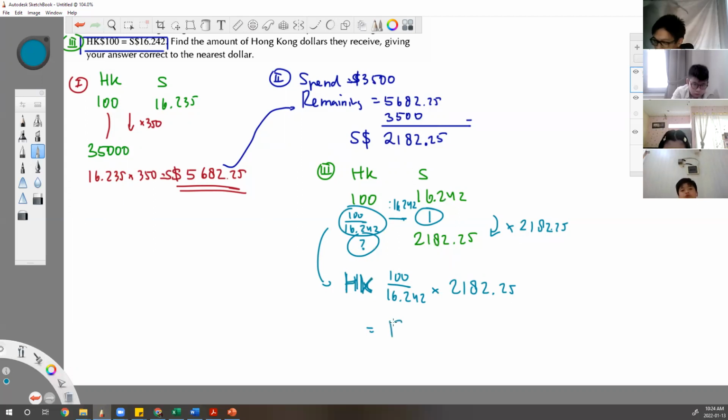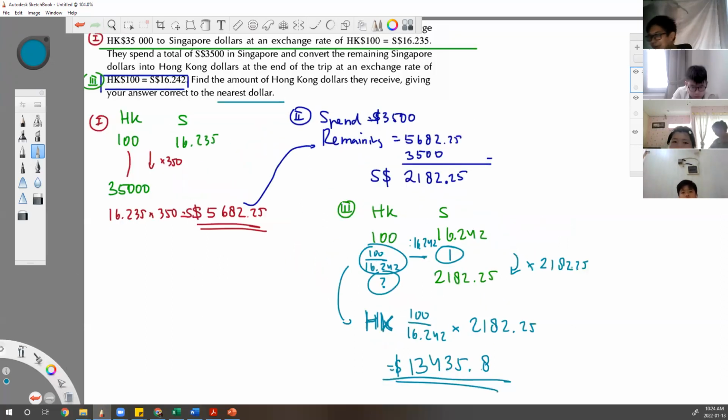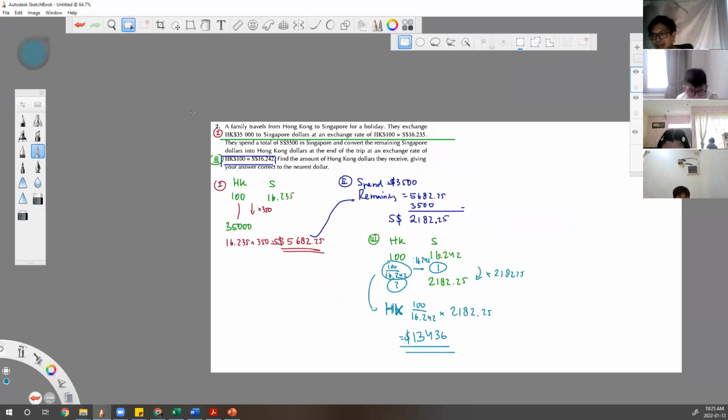The answer is 13,435.8 Hong Kong dollars. Back to the start. Nearest dollar, I forgot earlier. The point 8 rounds up, so Hong Kong dollars 13,436. That's it. The back and forth is the tiring part. So they go, exchange from Hong Kong dollars to Singaporean dollars, spend some money, and with about 2,000 Singaporean dollars remaining, they return to Hong Kong and exchange it again into Hong Kong dollars.